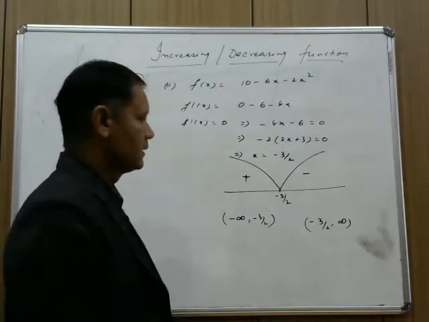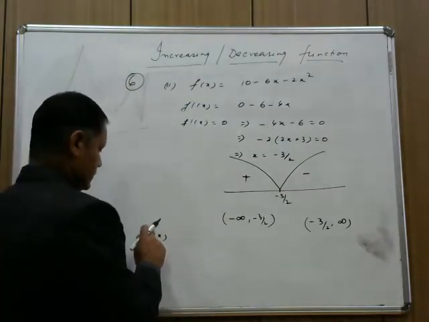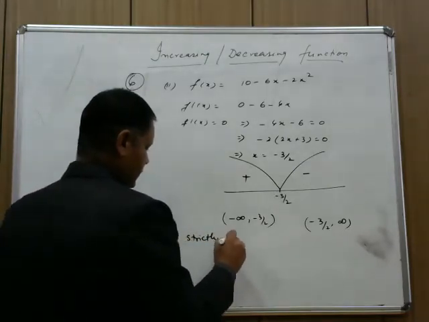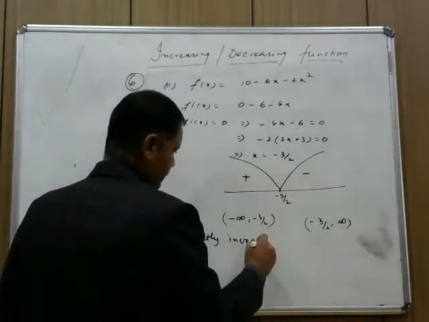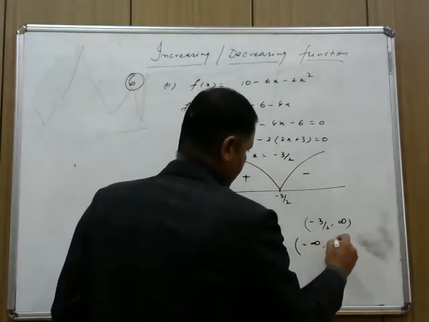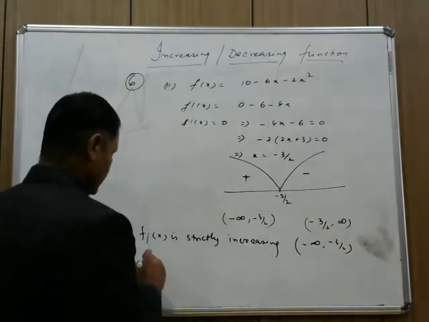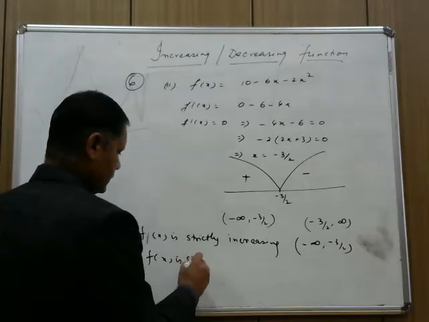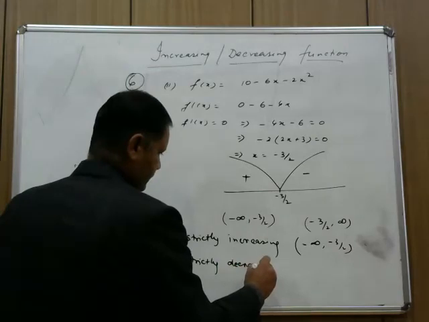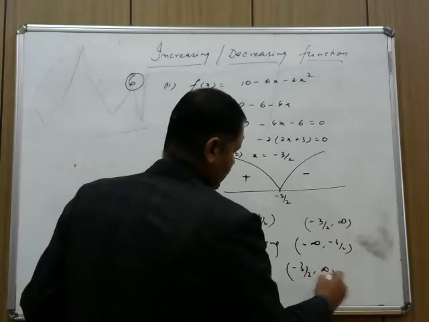That's why we will write: the given function f of x is strictly increasing in the interval minus 3 by 2 to minus infinity, and f of x is strictly decreasing in the interval minus 3 by 2 to infinity.